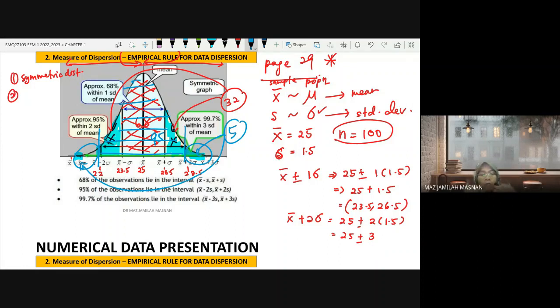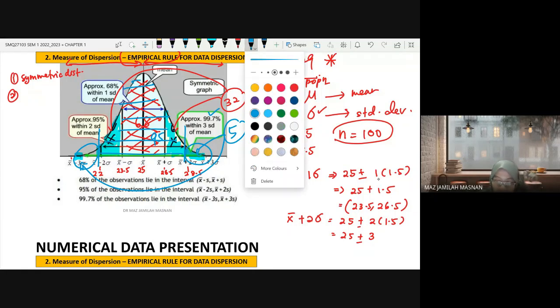So the larger the standard deviation, the more data will be included in that region of one standard deviation, two standard deviation. If you are talking about three standard deviation, most of your data will be inside the region. For the last part here, let me use orange color.